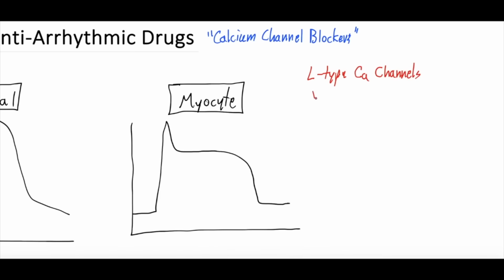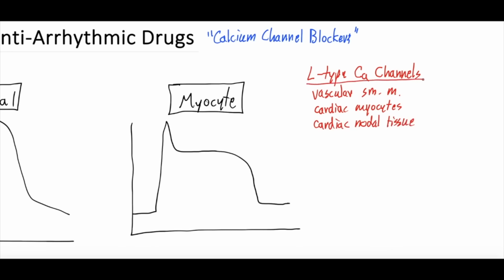Well, these channels can be found on vascular smooth muscle, they can be found on cardiac myocytes, and they can also be found on cardiac nodal tissue. So there's multiple areas in which these calcium channel blockers can work.